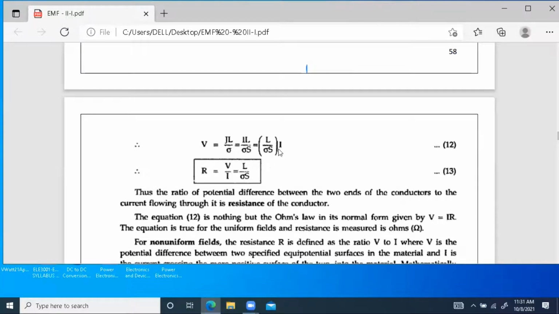If you do V over I equals this, so this L over sigma S is your resistance.